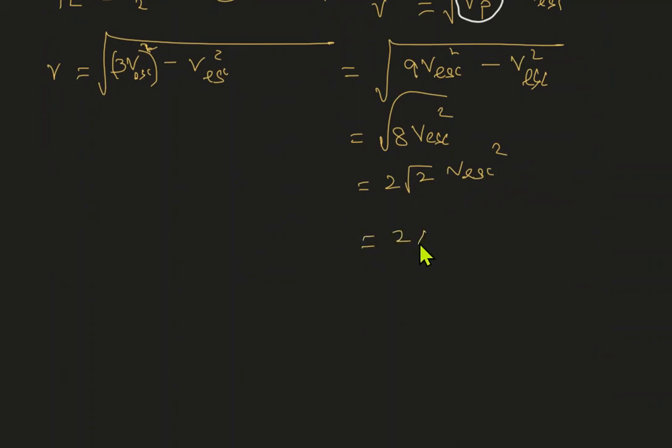So 2 into root 2 is nothing but 2.8, root 2 is 1.4 and 4 into 1.4. And this square can be removed, is it not? So you have to remove this square because of the square root.